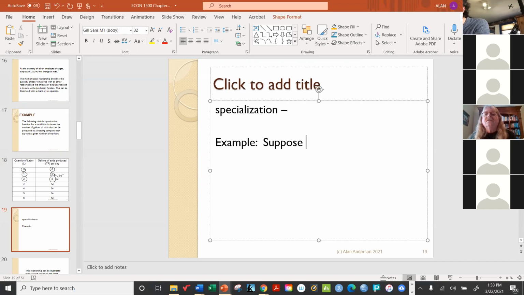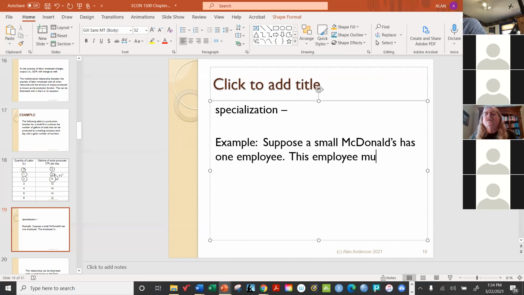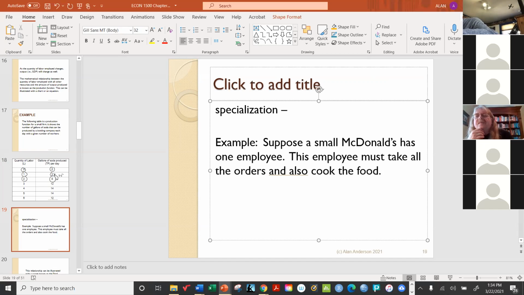Suppose that a McDonald's, a small McDonald's, has only 1 employee. This employee must take all the orders and also cook all the food. How efficient is this likely to be?